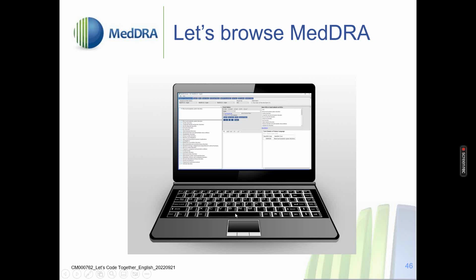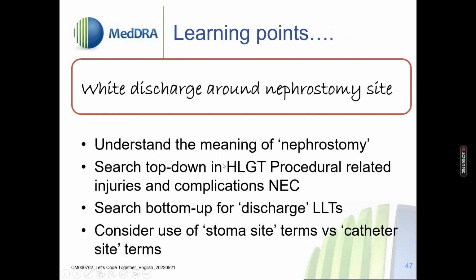So based on that, my preference would be the stoma site term. So we would understand the meaning of nephrostomy as a learning point. We could do a top-down search in procedural related complications to find all the stoma complication terms, or we could search bottom-up for discharge. Consider the use of stoma versus catheter.